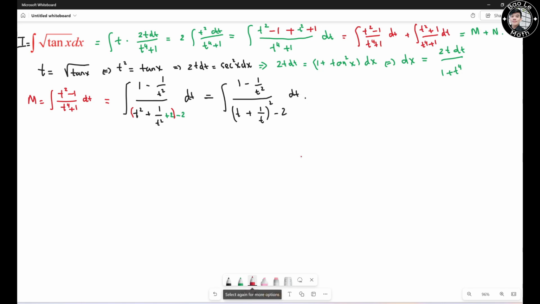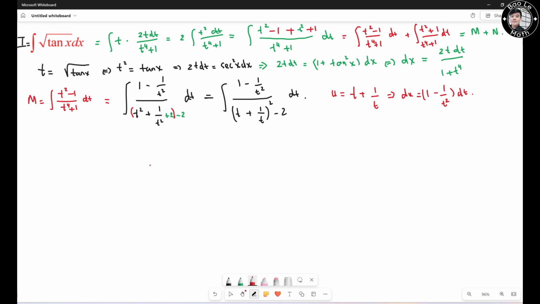Now I'm going to use substitution. I let u equal t plus 1 over t. Then I take the derivative of both sides, so du equals 1 minus 1 over t squared, altogether dt.